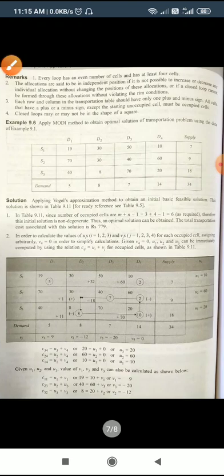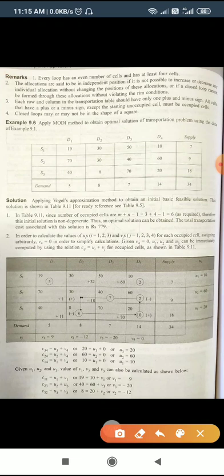So using step 4, we occupy the maximum opportunity cost cell using a closed loop. For example, the unoccupied cell is here, with value 60.